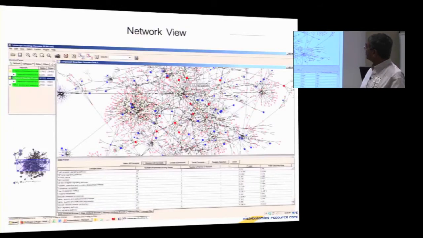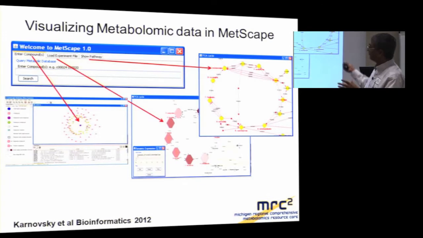But in general, you have something like this. You can input your compounds here and look at these things in a more visually pleasing way for you to interpret the data into publishable format. So you can actually put it as a part of your publication.